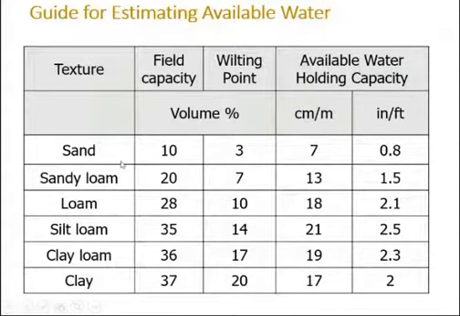For example, if you have sandy soil with a field capacity of 10% and a wilting point of 3% as volumetric moisture content, then the available water content will be 7, 10 minus 3, and so on for each type of soil. Looking at the available water content, the silt loam has the highest, sand has the lowest, and this is for clay.